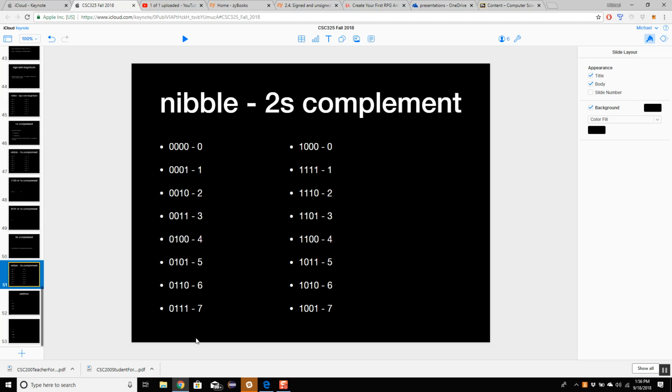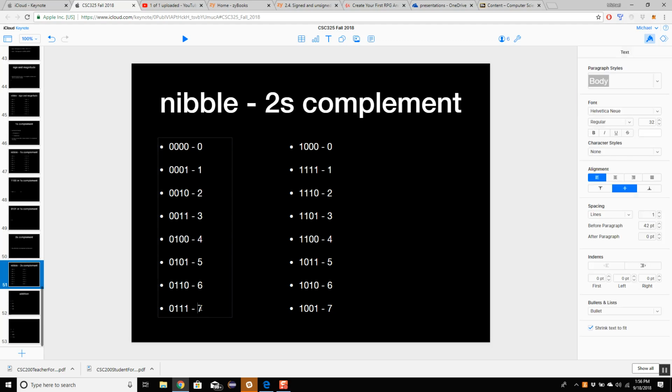So at this point in time, do we have unique values for representing all of our different numbers? Could we actually say that this is a 0 to a 7 on the positive side, this is a 1 to a 7 over here, and this guy is actually an 8?